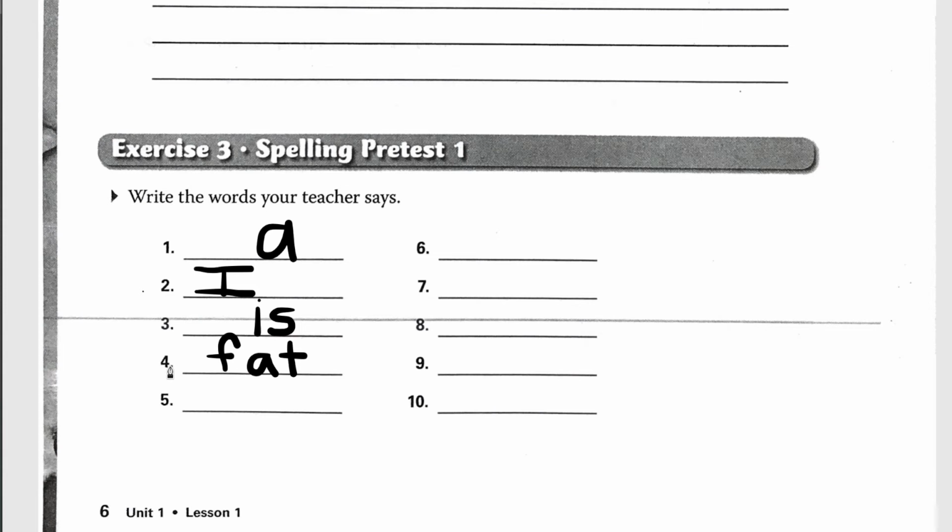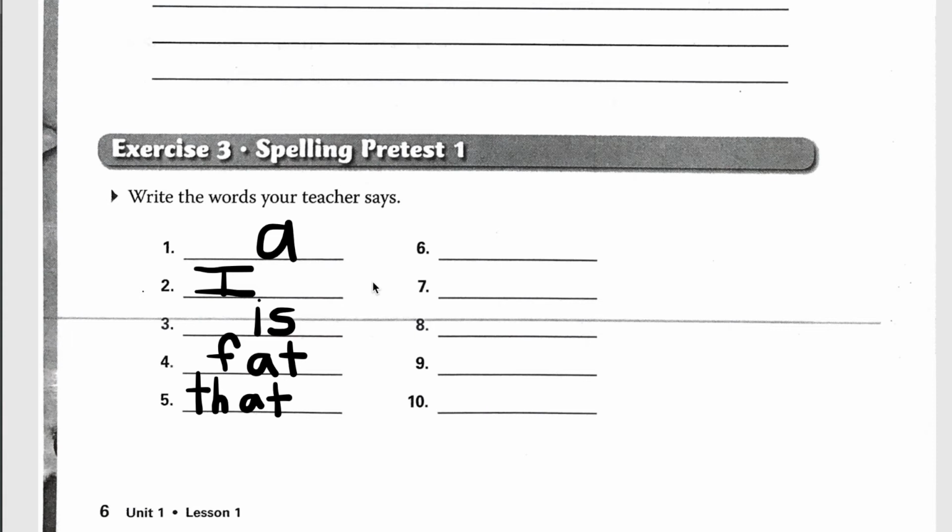Number 5, that. That is my pencil. How do you spell that? T. What comes next, everyone? H. A. T. That. Great job, guys. Number 6, we're halfway there. This. Is this your best friend?